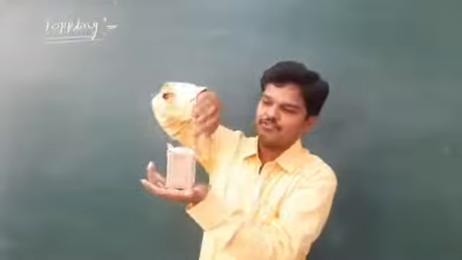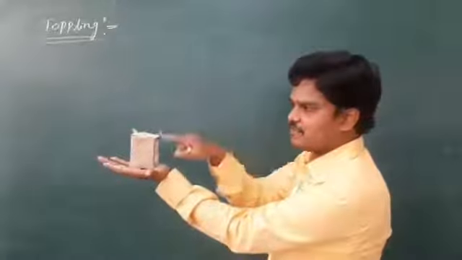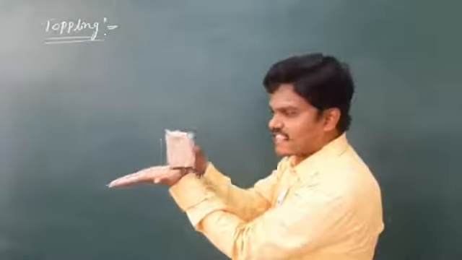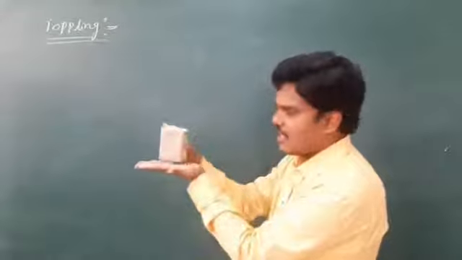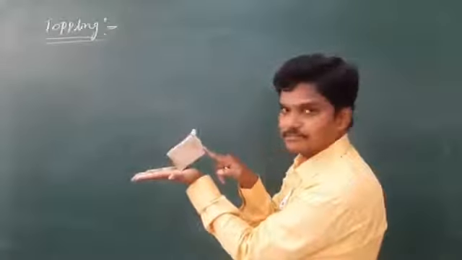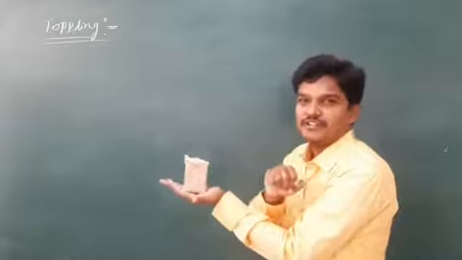If I pull this in this direction, based on this base surface, the body may slide or may topple about this point. Suppose this base is more, it requires more force to topple this body.